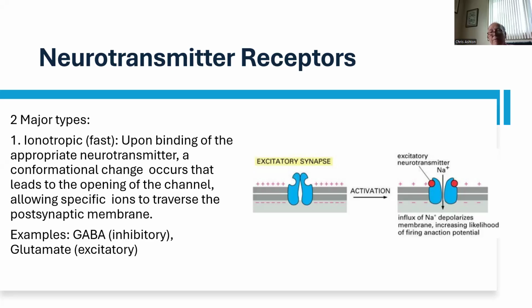There are basically fast receptors, where a neurotransmitter opens a gate in the cell membrane, allowing ions to flow through it. As the diagram represents, the gates are made of proteins.